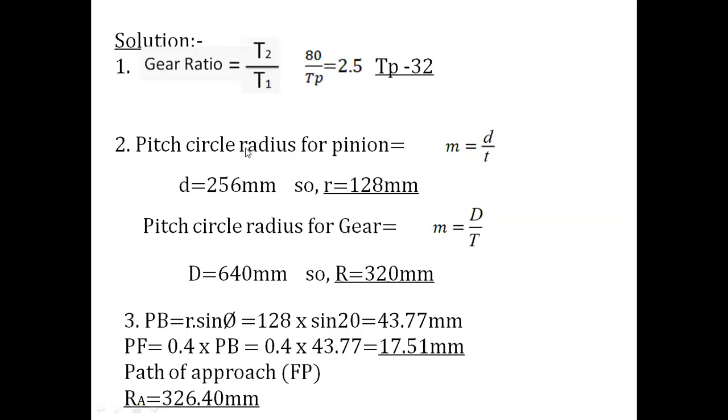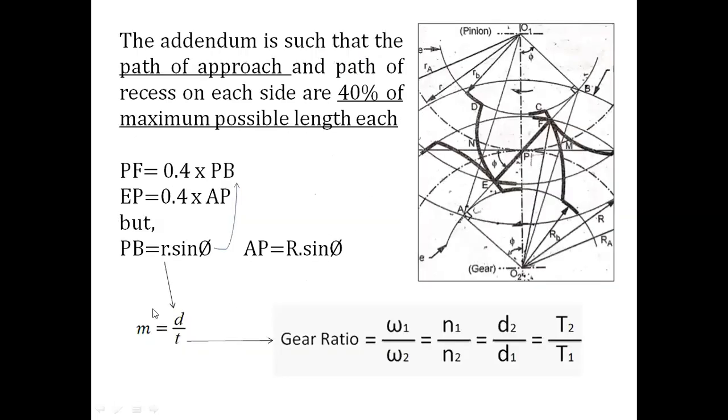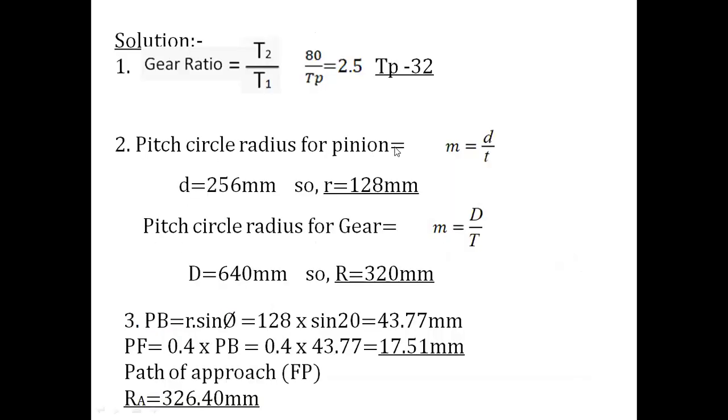Second thing, pitch circle radius for pinion. This formula: after getting TP, I am putting TP here to find out small d and small r. For the pitch circle of pinion, module is given as 8 mm. Number of teeth we got here is 32.